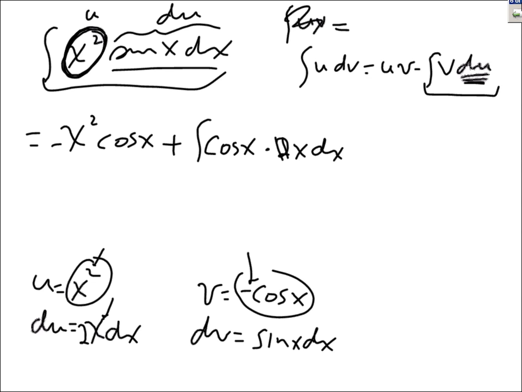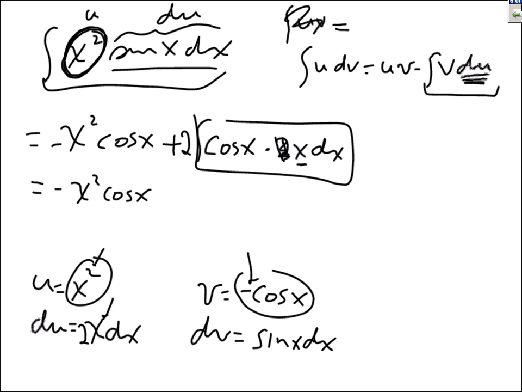The 2, like I always said, I like to put in front. This integral is similar to the last one. Instead of sine, we have cosine. But the big difference is now we just have x to the 1. The power of x dropped. So this is equal to negative x squared times cosine x plus 2 times whatever this integral turns out to be.